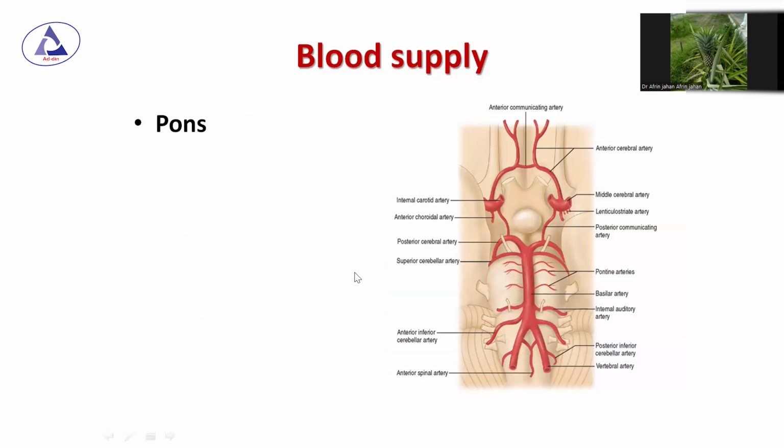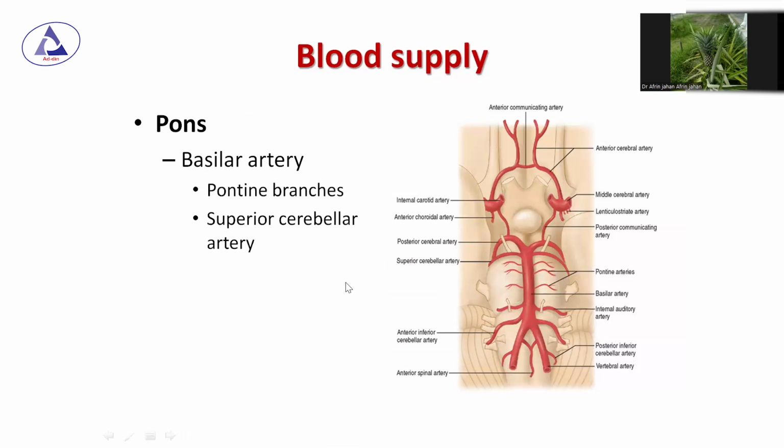Then, blood supply of the pons. This is pons. The pons gets nutrition from the branches of the basilar artery. These are pontine branches or pontine arteries. It also gets nutrition from superior cerebellar artery. This is superior cerebellar artery.